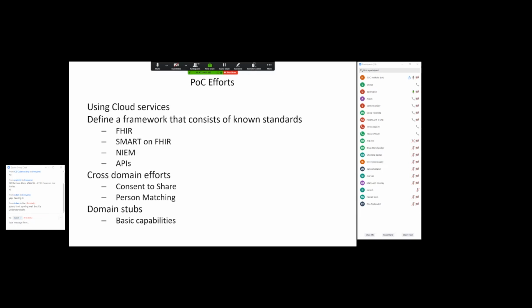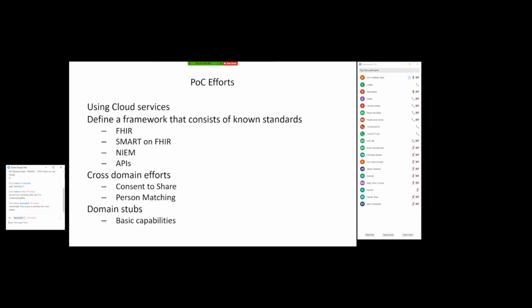Okay, so what I would like to do is kind of open this up a little bit. Let me just walk through some of the initiatives that I could foresee being beneficial to use cloud services, and that's where the world is certainly heading right now.